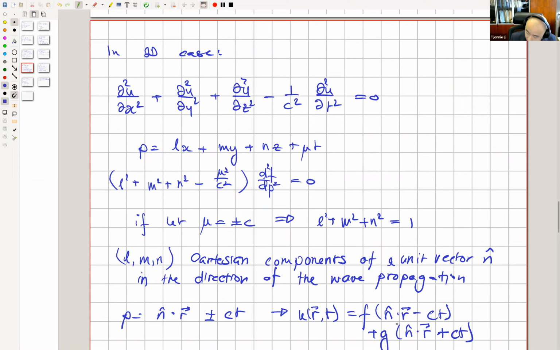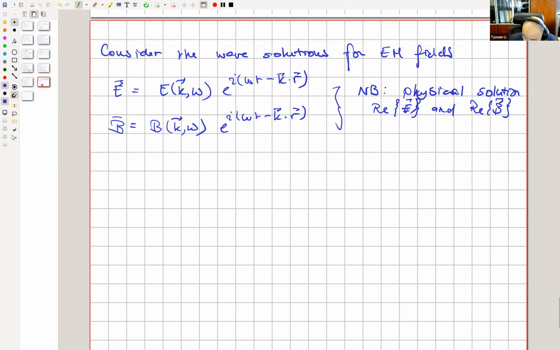And so what we can write similarly is that we have some generic k, which is the sum of the squares of the k's in different directions. This is the wave vector in different directions.